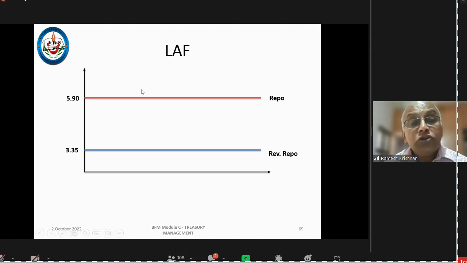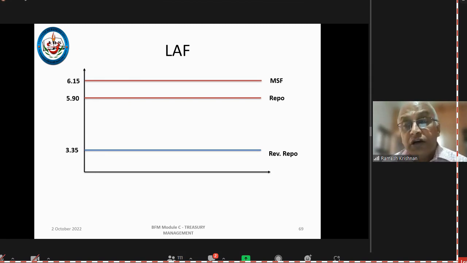Then the corridor, which I have shown earlier, is between the repo and the reverse repo. Today, effectively right from 8 April 2022, I will go one more step, MSF. MSF, the marginal standing facility, is another 25 basis points above the repo rate, where banks can pledge their surplus SLR over and above 1% of their NDTL, which is the cap for repo borrowing, and avail money at a higher rate.